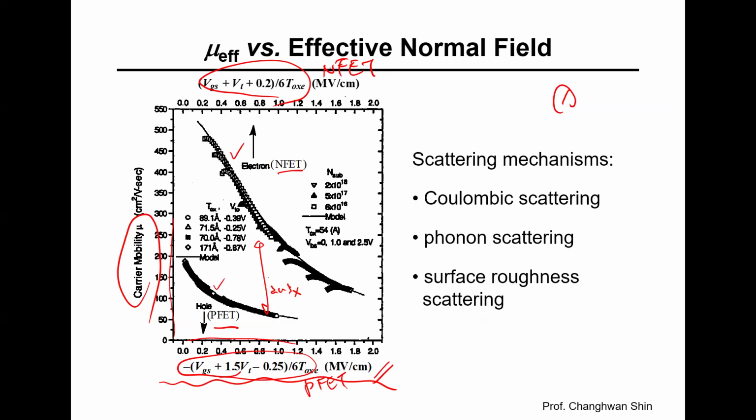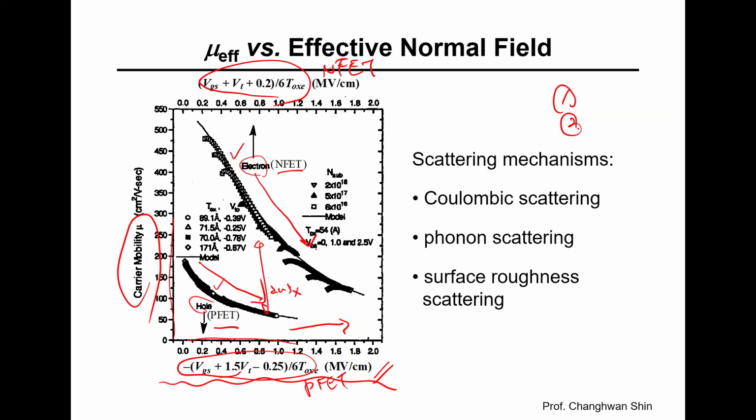Okay, so now let's move on to the second one, mobility. Mobility decreases as the effective field increases for both carriers, right? Electron and hole. Mobility decreases as the effective field increases.